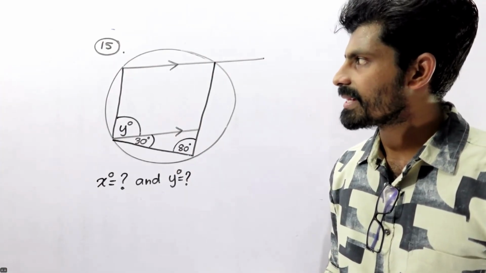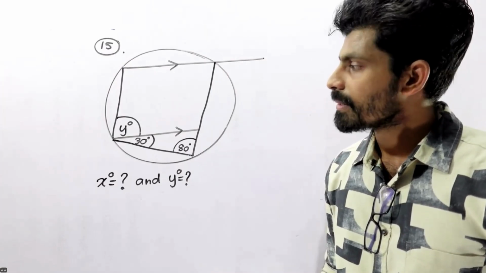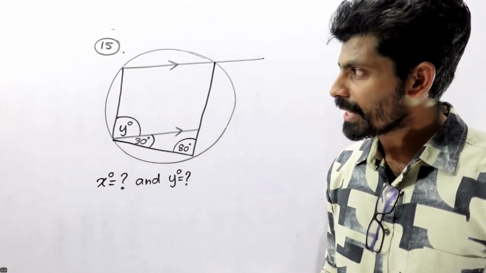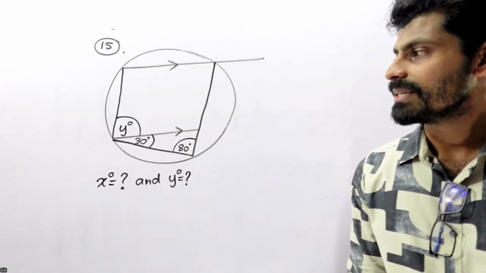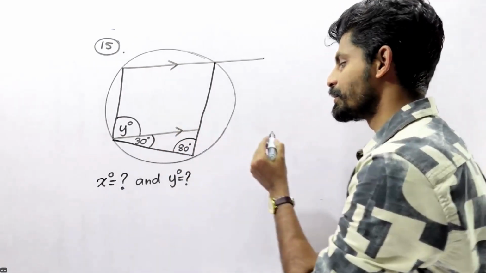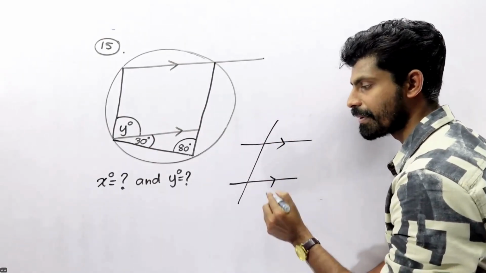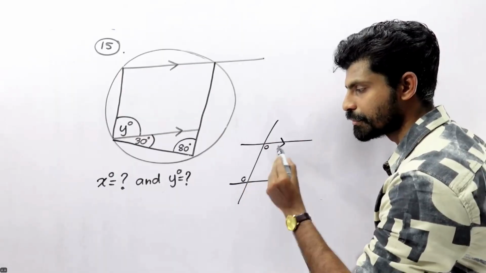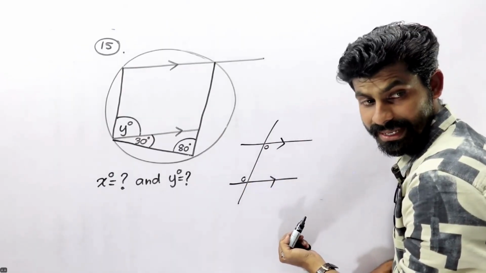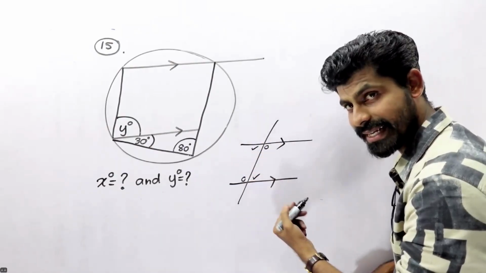Okay, then what can we do? Those two lines are parallel. If two lines are parallel, those two angles are equal, alternate angles.